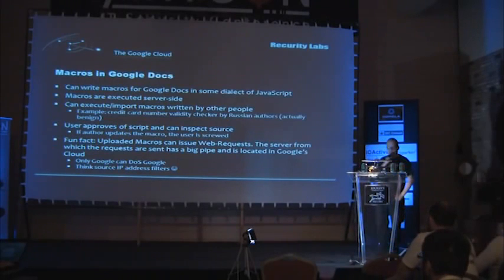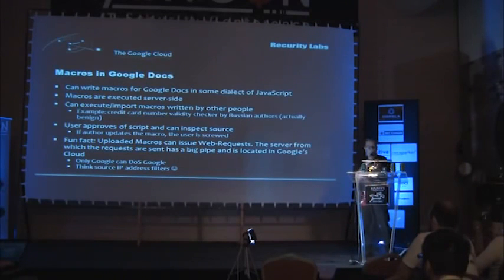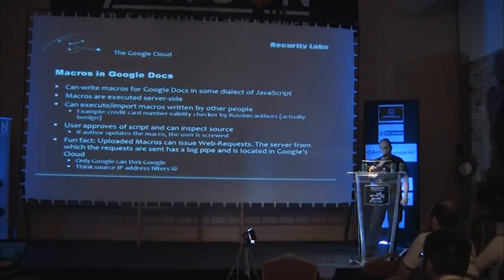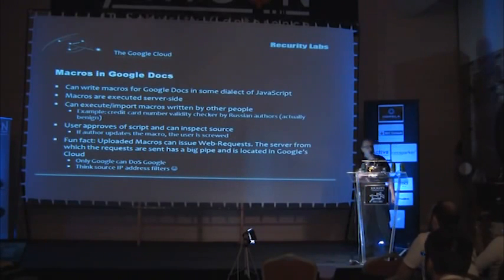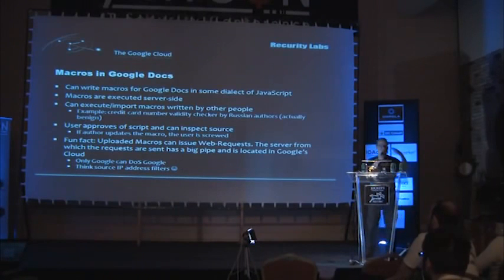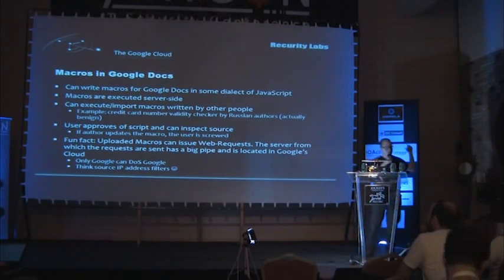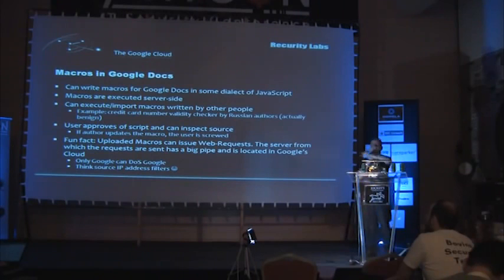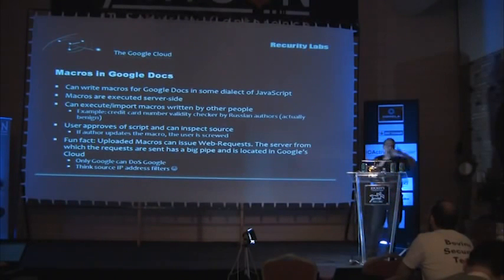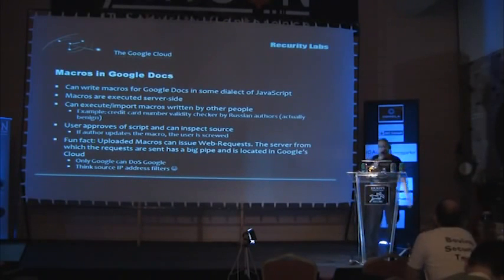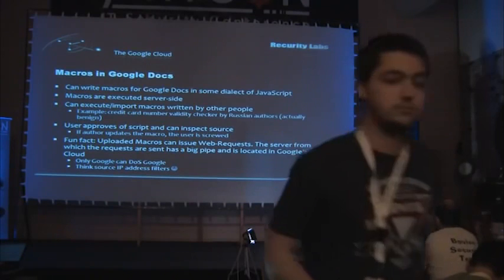An example of interesting things in the cloud: Google Docs allows you to write macros for their spreadsheet applications. Those macros are actually executed on Google servers. You can import macros from other people, and once you look at the code you say, this macro is cool, okay. But if the other guy updates the macro later, it might change behavior.